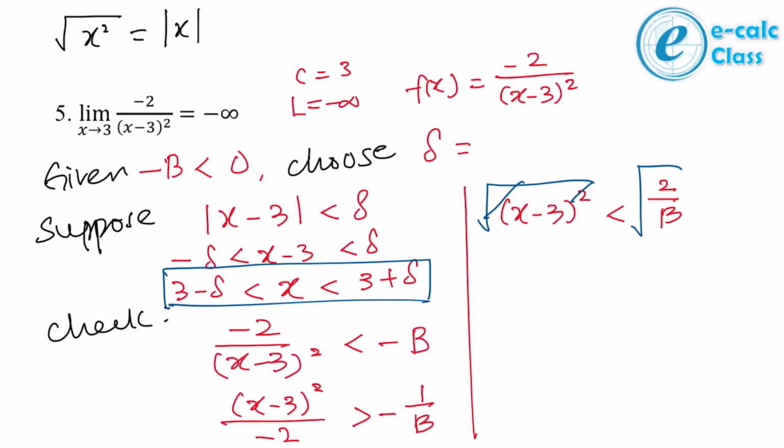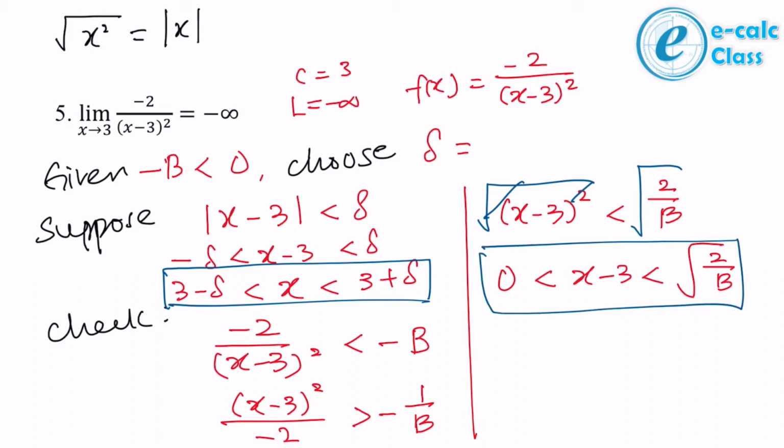It will not give you anything negative. Hence, you should write this as, okay, you still have your x minus 3 smaller than square root of 2 over b. The minimum, it cannot be negative anyway, so you should write a 0 instead of a negative square root of 2 over b. Okay, so this is the thing that you have to compare with this one.